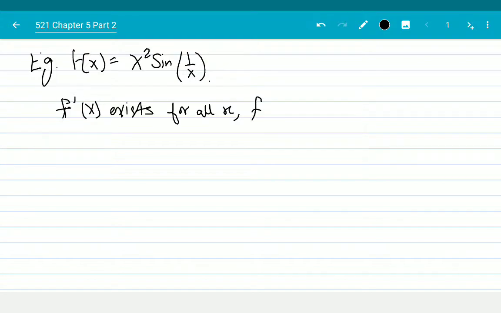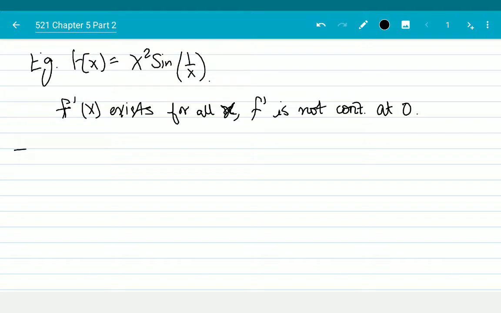So f prime is not continuous at 0, right? So in particular, for derivatives which exist at every point on an interval, it does not have to have that the function is continuous. However, under certain conditions, you do have this result.